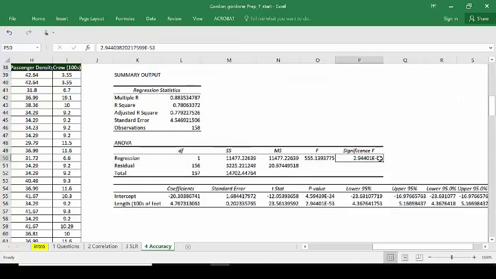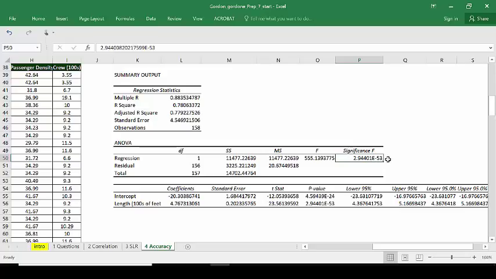And the very first thing you want to do is the global test. So the global test tells you if at least one x variable predicts y. In our case, we only have one x variable, so the global test is basically telling us if length predicts the number of passengers. If you look at the p-value, you can see that it has an e-53 in it. This is scientific notation.